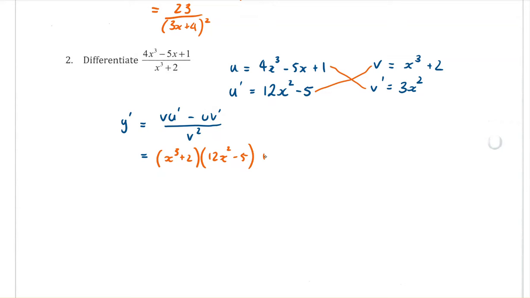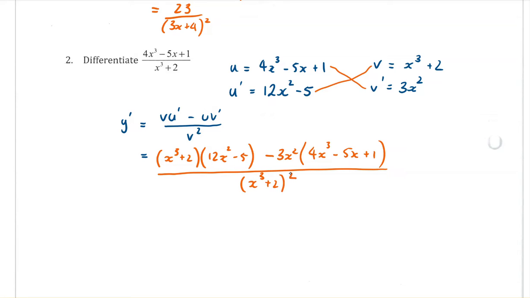The V dash is only one term, so let's put that first, and then a bracket around the U. Isn't it minus this? Yes, thank you. Plus 1 minus in that formula over V squared, x cubed plus 2 all squared.